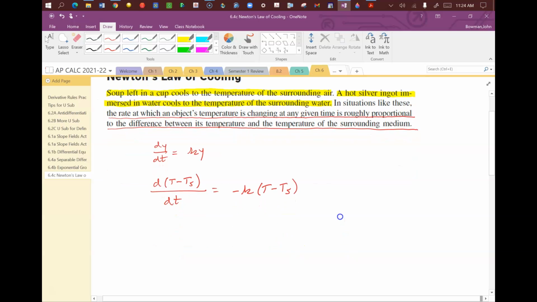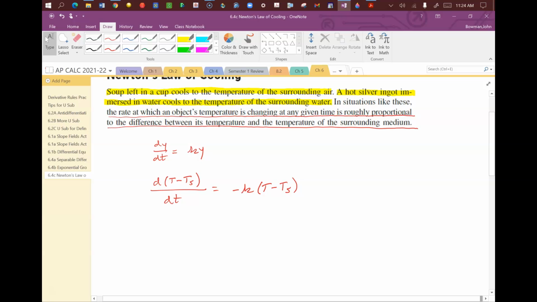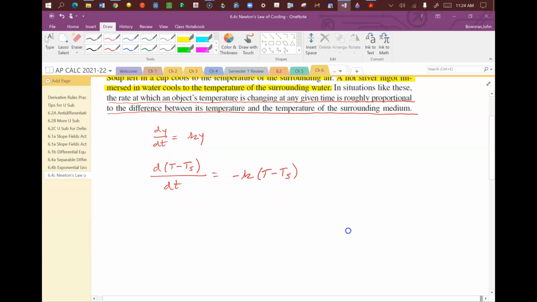And we're going to throw a negative in there because we have decay here. If we find this k value, it's going to be positive if it's decay and negative if it's growth.